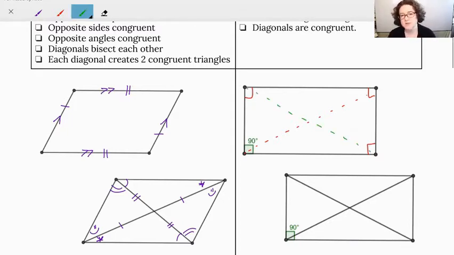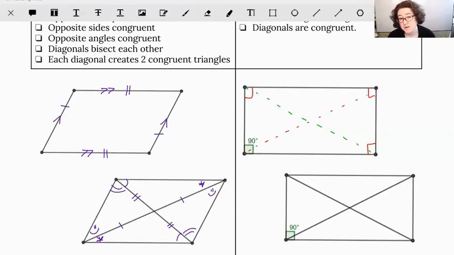Those are congruent to each other. But in that bottom shape where I have the two diagonals intersecting in the middle, if they're all bisected, then that means every single one of these pieces is congruent to each other. And so we have a whole bunch of isosceles triangles in our figure. Again, we can use all the properties that we know about triangles to answer any of these questions.